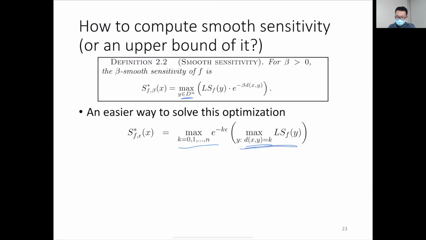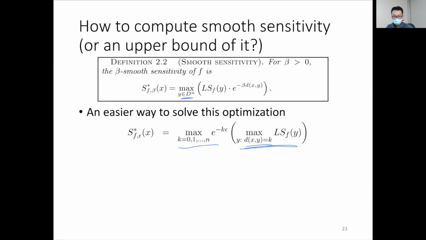What's inside this bracket is that we enumerate over all possible data sets that differ by k elements from our input data set. Then I find the largest possible local sensitivity, and sometimes this is easy to calculate. And if this is easy to calculate, then the maximization becomes a maximization just over a finite number of elements, right?